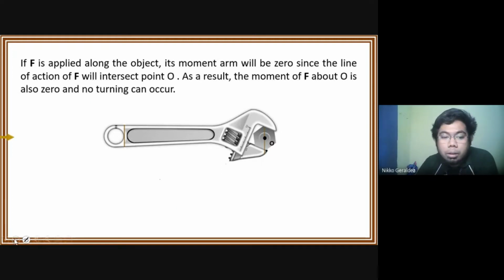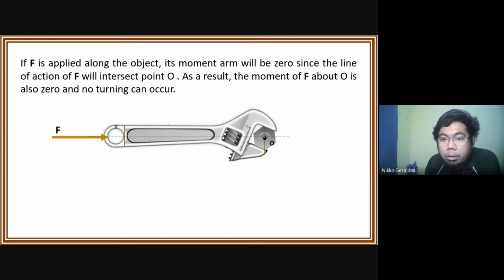So, yung line of action ng force F mo nag-intersect doon sa moment center, so walang turning or rotation na magaganap.